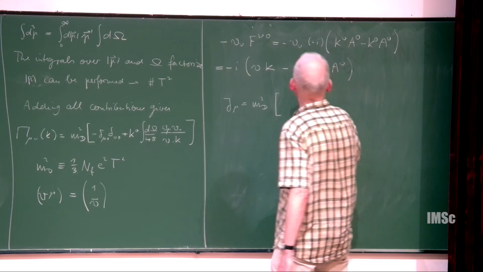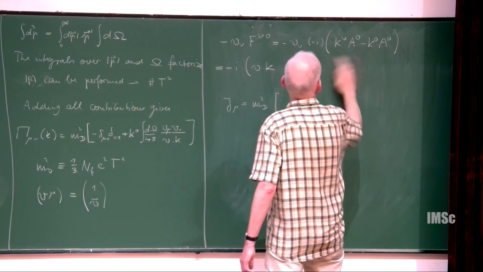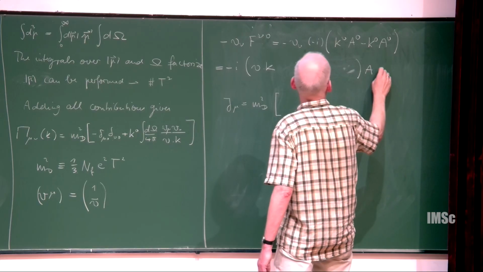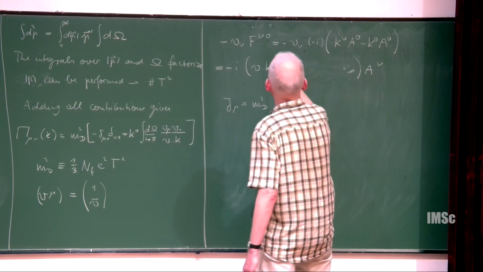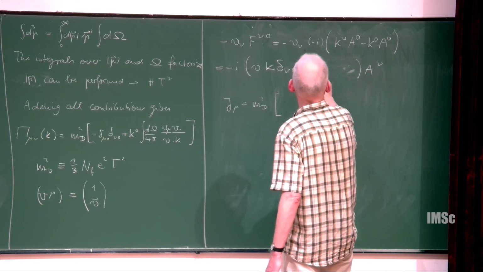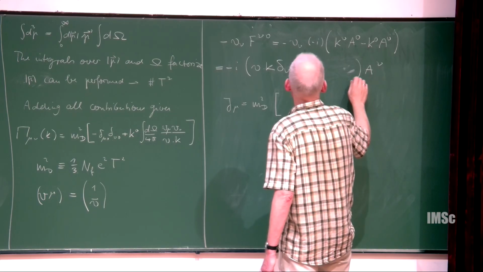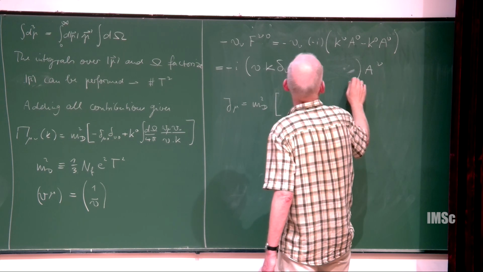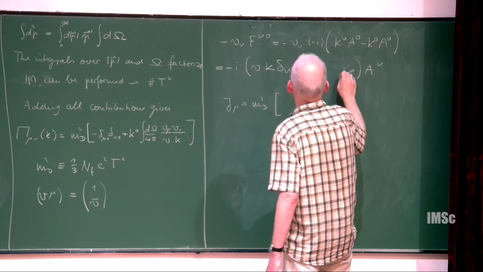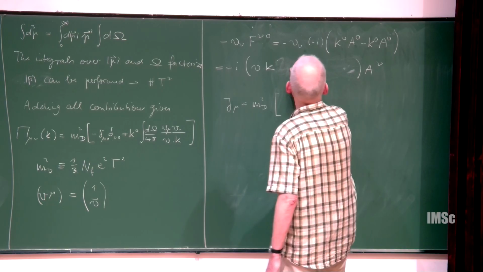Oh, sorry, I forgot the A^0 here. So I want to pull out an A^ν. So the first term has a delta ν0, because there's only the A^0 appearing. And here I have k^0 times. No, sorry. There's no delta k^0.